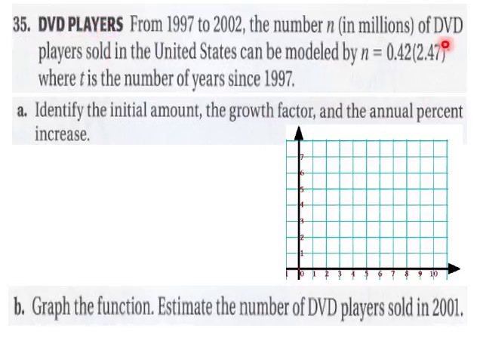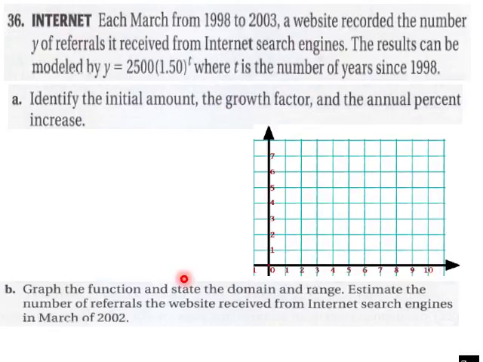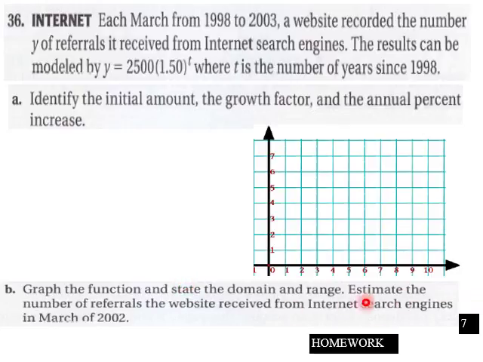DVD players. We got a word problem here, but we got an exponential growth function here where we plug in t here is years. Number of years is 97. Identify the initial amount. And then page 7 of your homework here, each March. You got a word problem here.